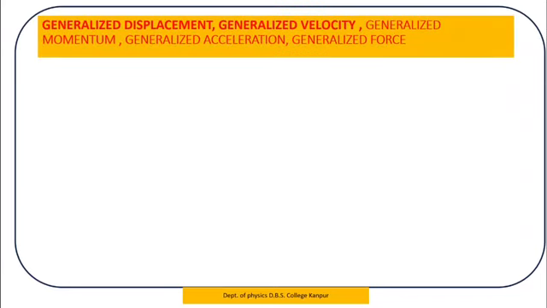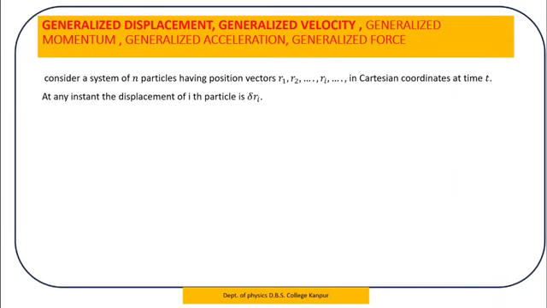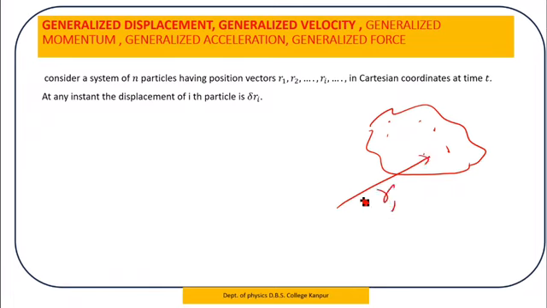Now take another topic, generalized displacement. Suppose the system has n particles with position vectors r1, r2, r3 and so on, in Cartesian coordinates at time t.